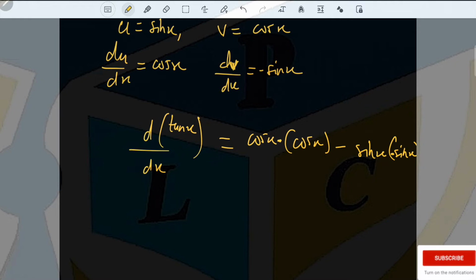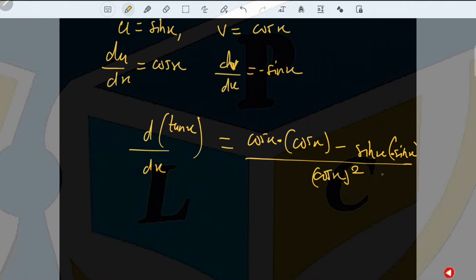So let's take note. All divided by v squared, so cos x squared, based on the formula.